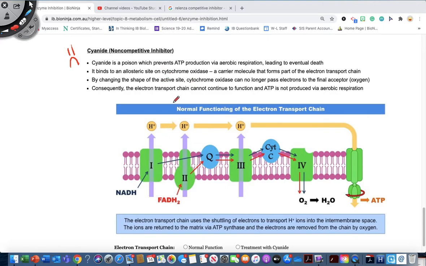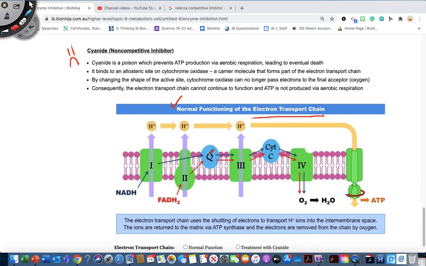So first, let's look at the normal functioning of the electron transport chain. If you remember, the electron transport chain was a third process within cellular respiration. We're going to go over this process in detail, but just quickly, if we have the outside of a cell here and the inside of a cell here, we know that electrons move through these proteins and these molecules, also these enzymes.